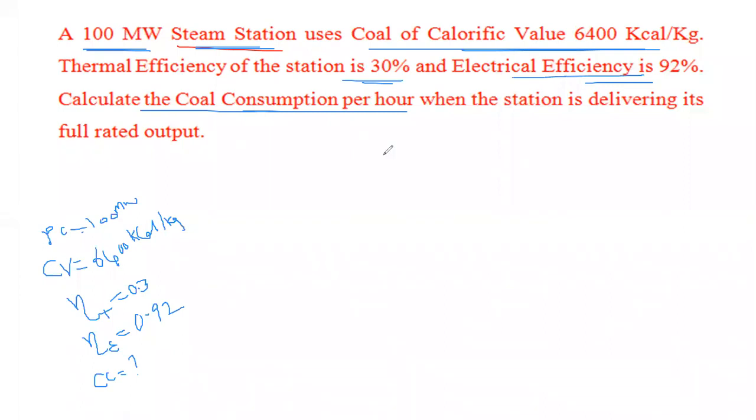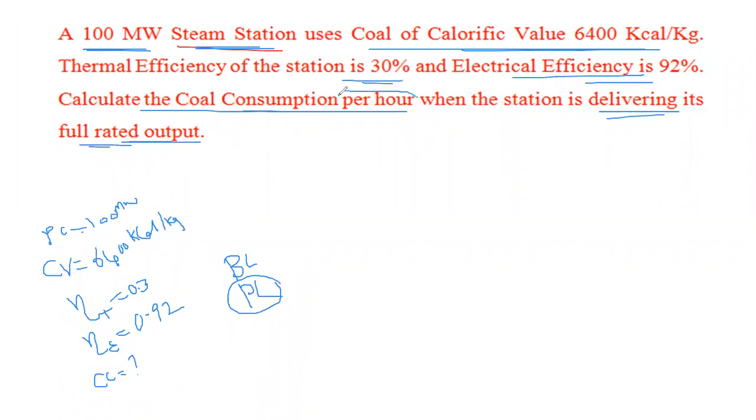When the station is delivering its full rated output, that is under peak power generation. There are two types of load: one is the base load, another is the peak load. Whenever the load is maximum, that is under peak load power generation, how much coal is required in 1 hour?